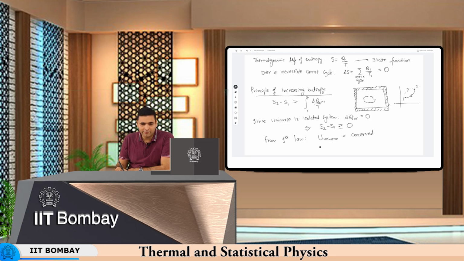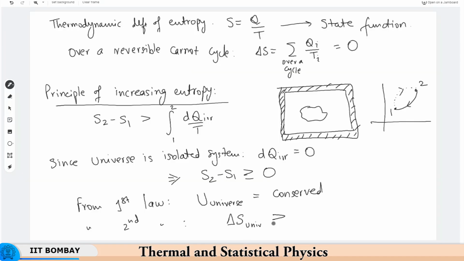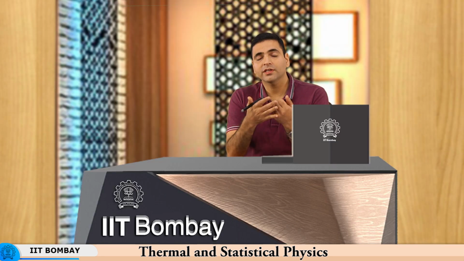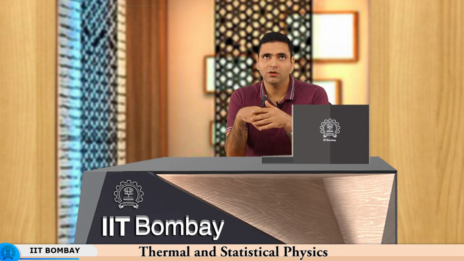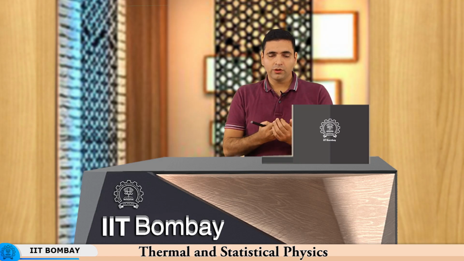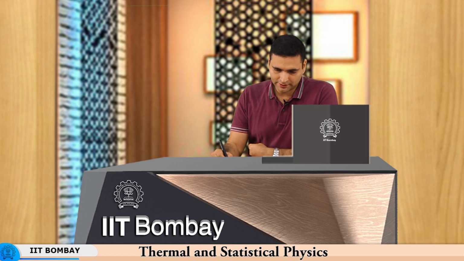And from the second law we can say that the change in entropy of the universe in any process is greater than or equal to 0. Okay. It can never be less than 0. It is equal to 0 for processes that are at equilibrium and reversible, but if you have irreversible processes, the entropy always increases. Okay. So I hope that concept was clear.